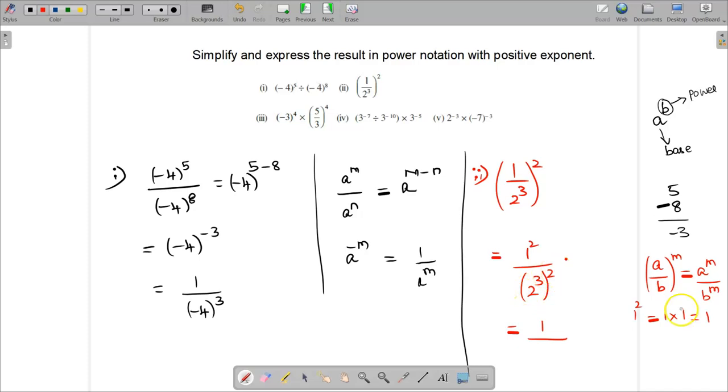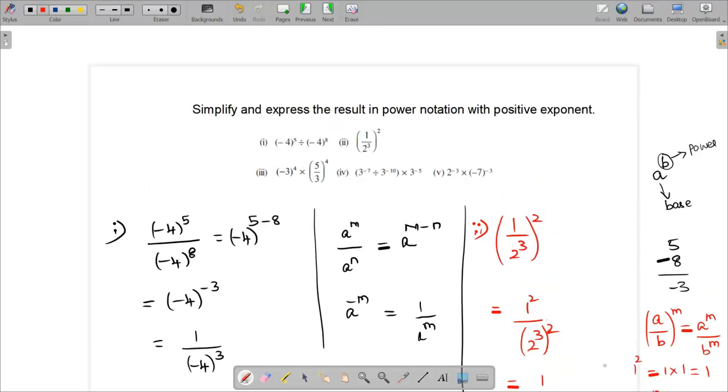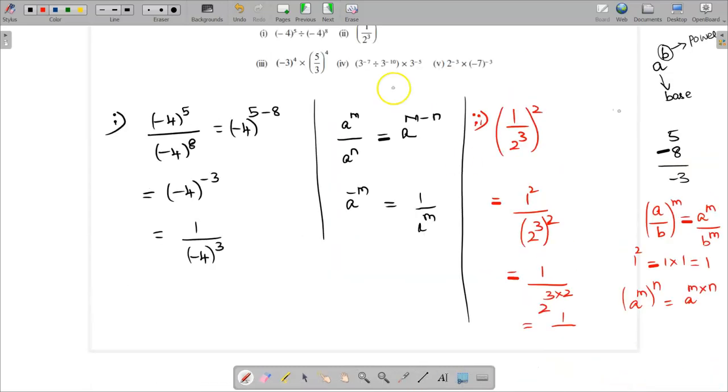For the denominator we have another rule: (a power m) the whole power n is a power (m into n). We multiply the powers and write. The base 2 remains the same, and the power is 3 into 2, which is 6.